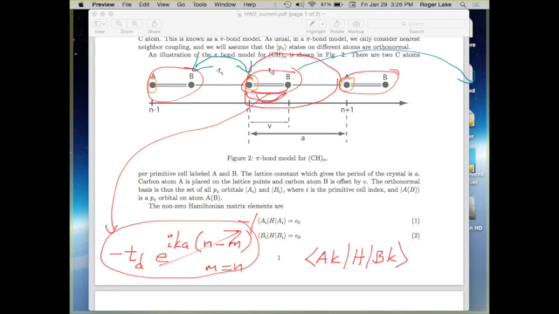I'm including all the atoms, right? Because A of k is an infinite sum. It includes all the atoms. That's 1 over root n, the sum over all the unit cells, sum over every orbital n times its phase factor. Oh, okay. That includes every A atom in your infinite chain, and B of k includes every B atom.